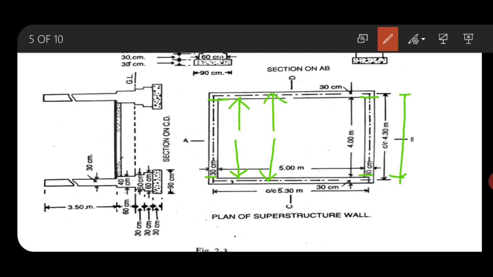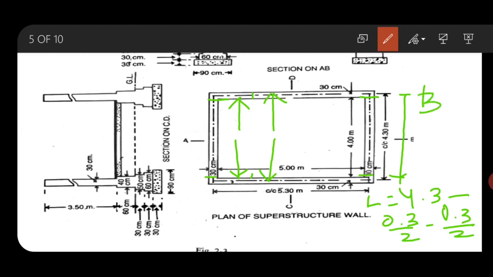When we subtract half of the breadth on one side and half of the breadth on the other side, where the total breadth is 30 centimeter, we will get the in-to-in dimension. The length will be equal to 4.3 minus 0.3 by 2 minus 0.3 by 2. So this will be the length of the short wall.